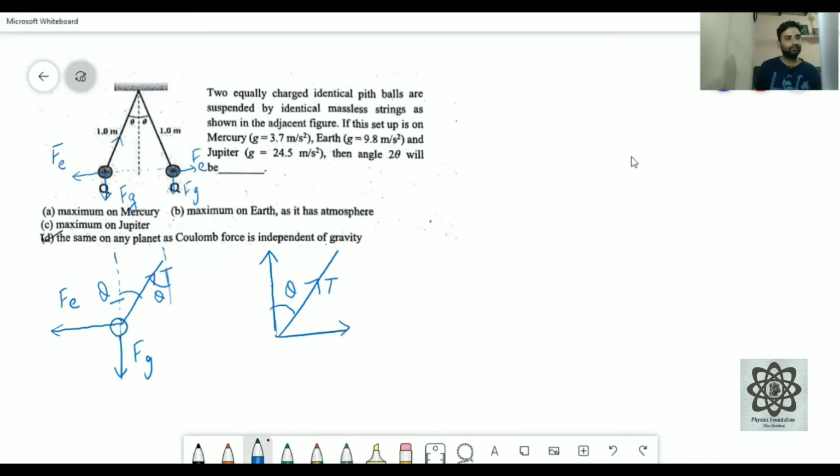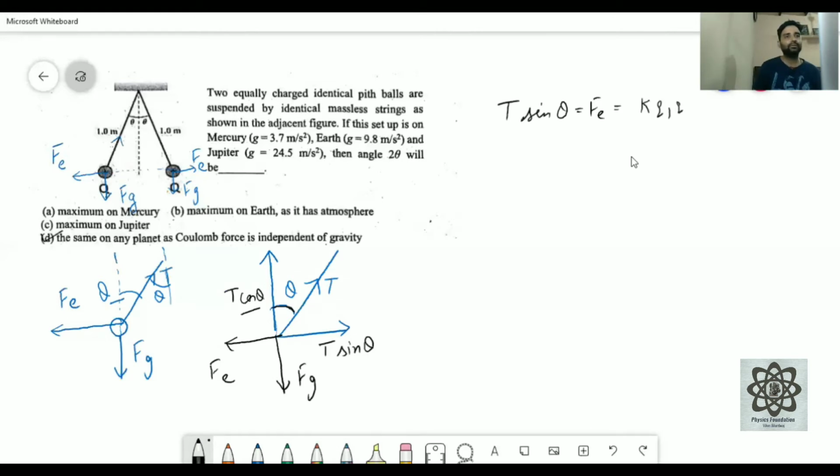This will be T cos theta, and this will be T sin theta, as the side adjacent to the angle always takes the cos theta. So this T cos theta will be equivalent to Fg, and this T sin theta will be equivalent to Fe.